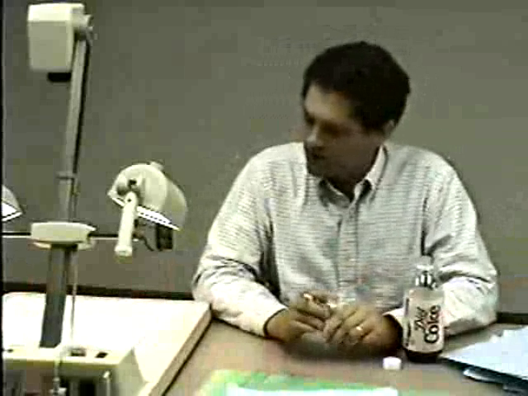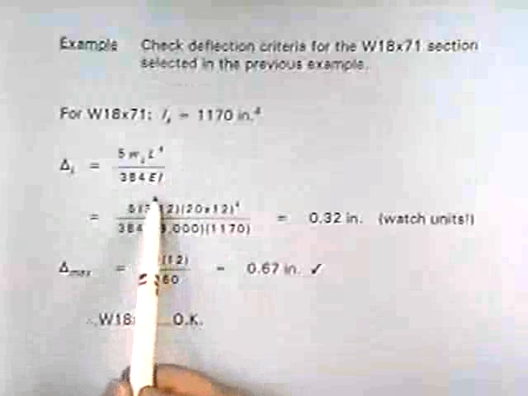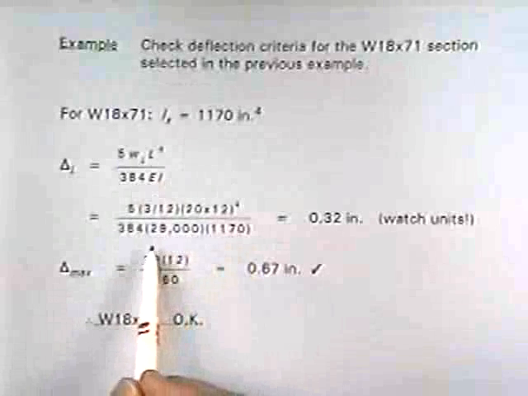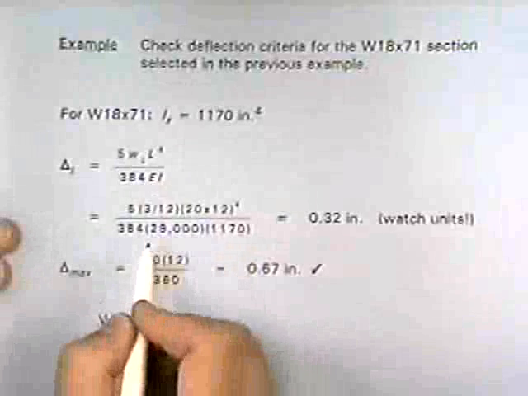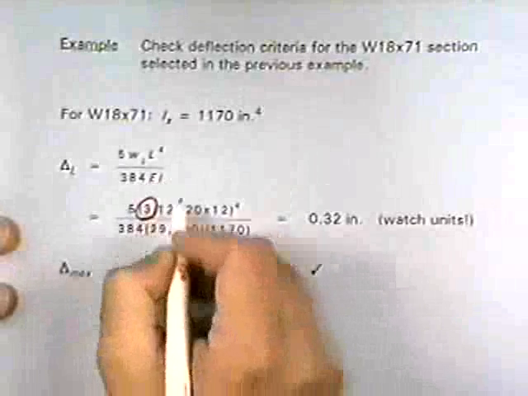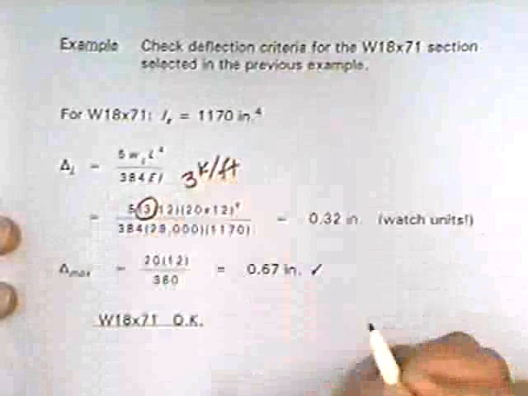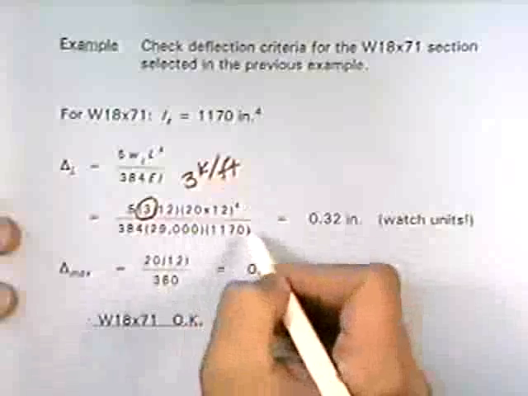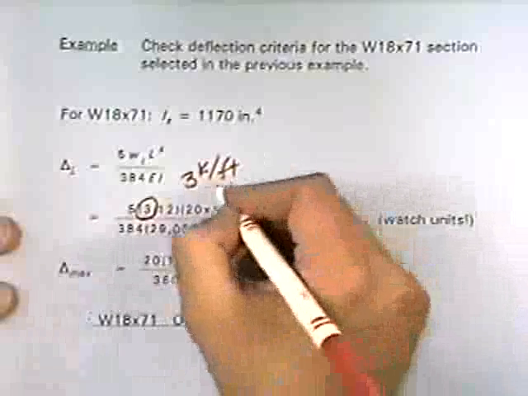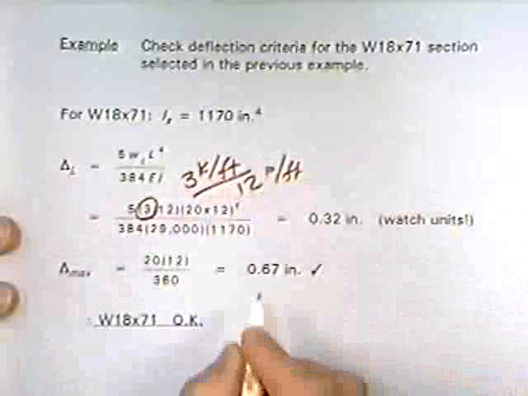Going back to the W18 by 71 that we looked at previously, doing the check for deflection, the live load due to the service load here is 3 kips per foot. But watch out, you've got to convert everything into inches for consistent units, so you divide that by 12 inches per foot.